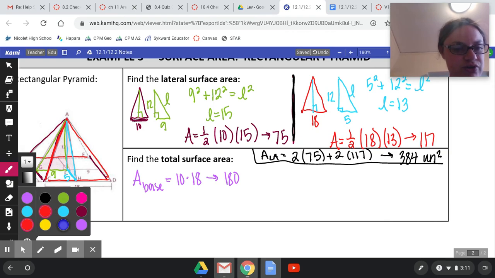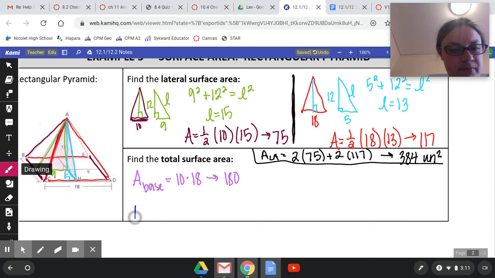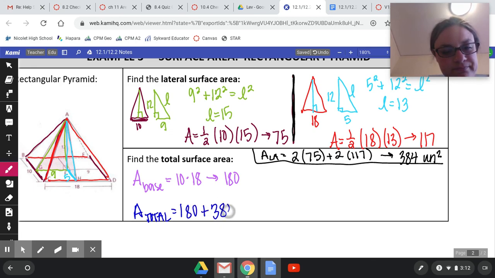And then I'm just going to find my total area by taking 180 plus 384 to get 564 square units.